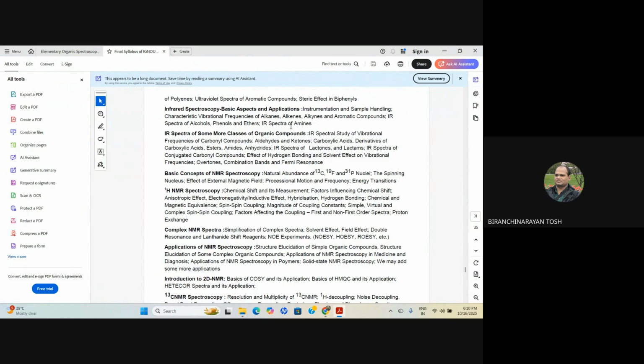Then we'll move to more classes of organic compounds like carbonyl compounds, aldehyde, ketone, carboxylic acids, derivatives of carboxylic acid, esters, amides, anhydrides, lactones, lactams. Then the effect of hydrogen bonding and solvent effect on vibrational frequency, overtones, combination bands, and Fermi resonance.